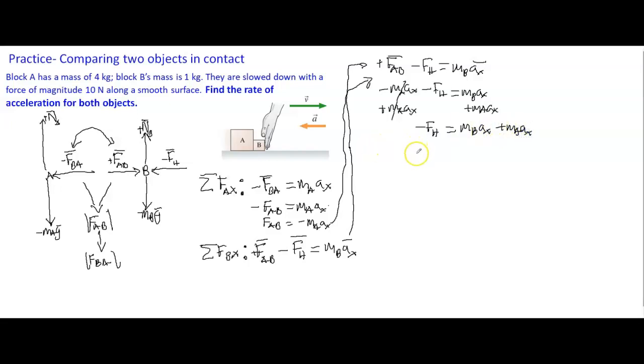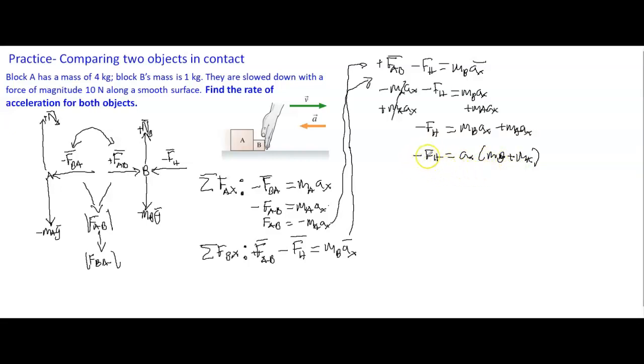Now I'm going to factor out the acceleration, and then I'll have this expression equal to the acceleration times the combined masses.